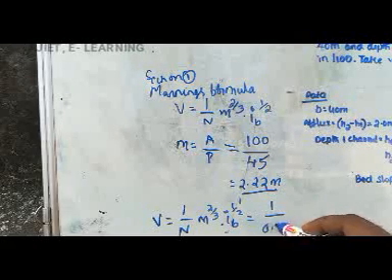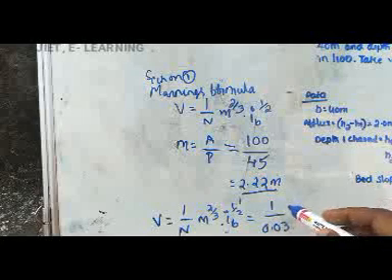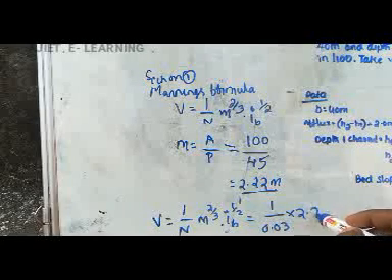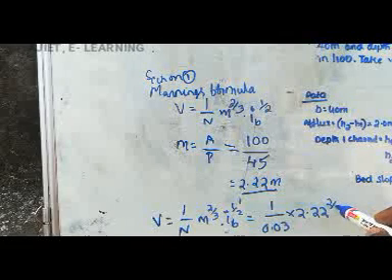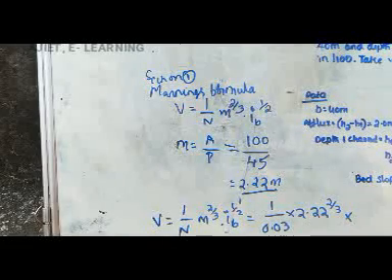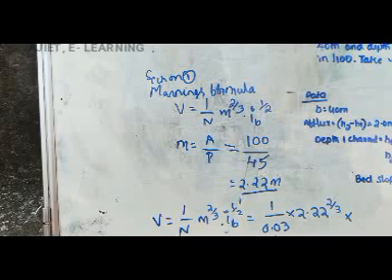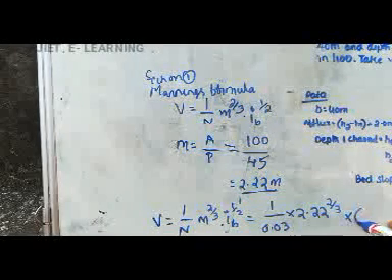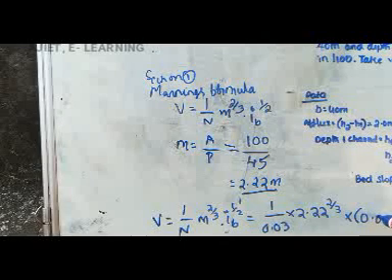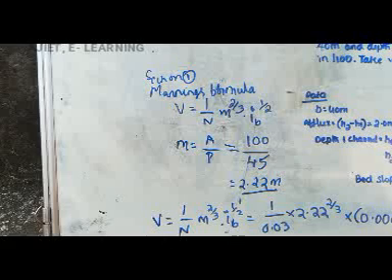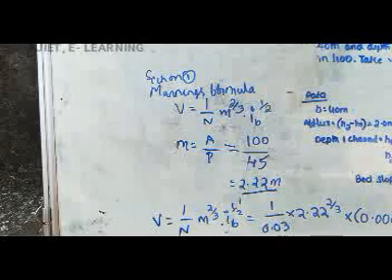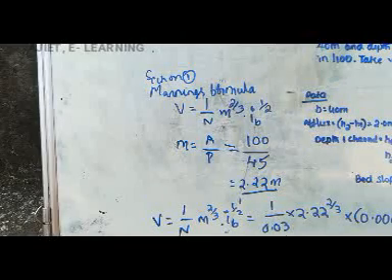So we can write 1 by 0.03 into 2.22 to the power 2 by 3 into the bed slope, the value we calculated, 0.000909, to the power half.